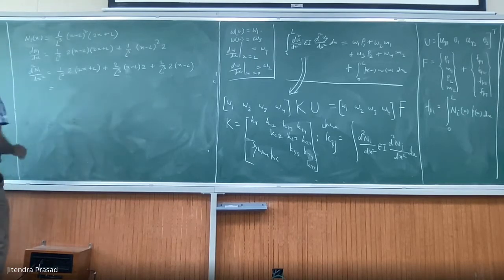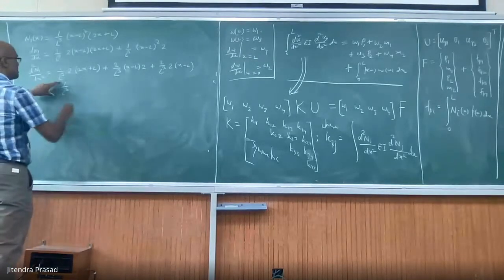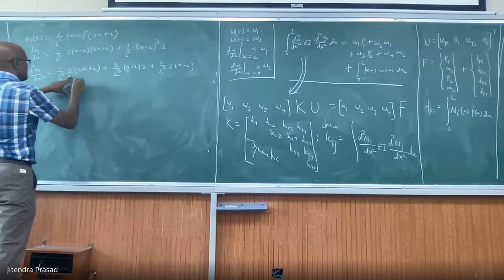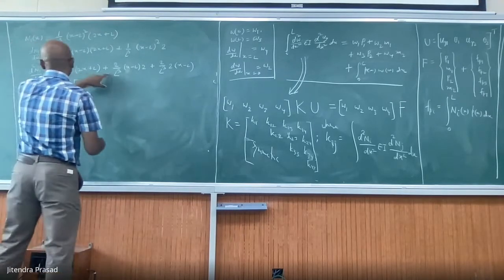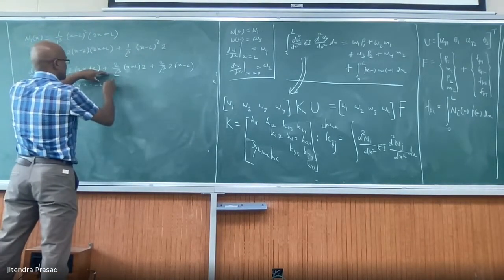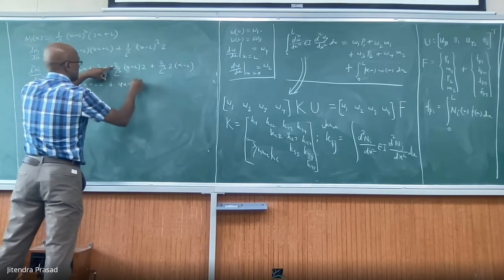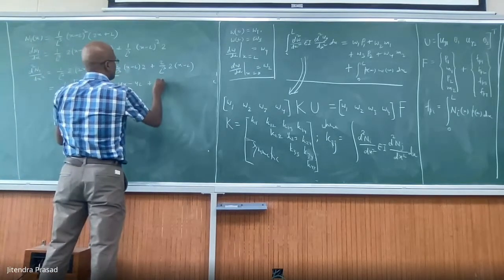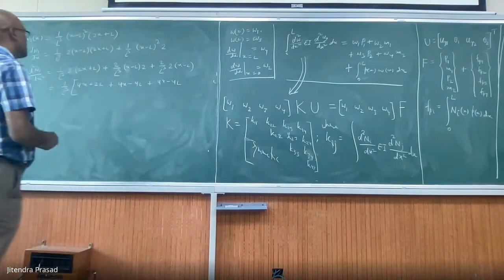So we take 1 over L cube in common. Then we have here 4x plus 2L, plus 4x minus 2L, plus 4x minus 4L. Right?